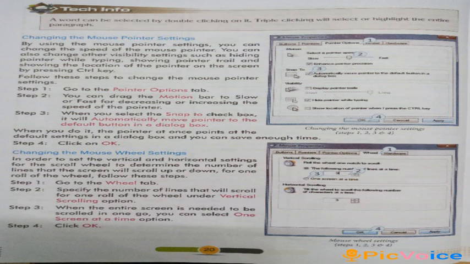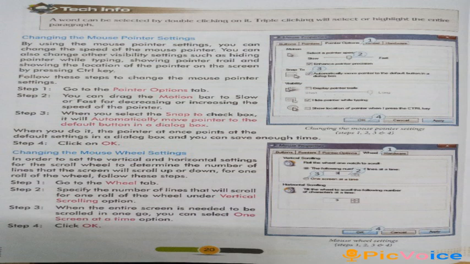Page number 20. Changing the mouse pointer settings. By using the mouse pointer settings, you can change the speed of the mouse pointer. You can also change other visibility settings such as hiding pointer while typing, showing pointer trail, and showing the location of the pointer on the screen by pressing Ctrl key.